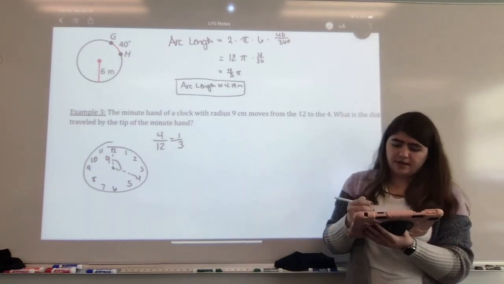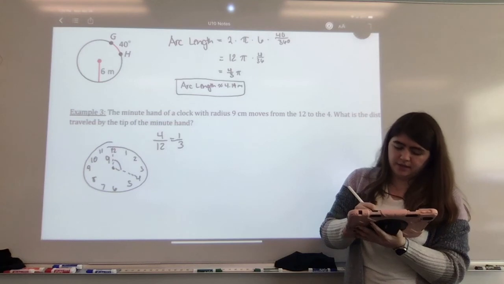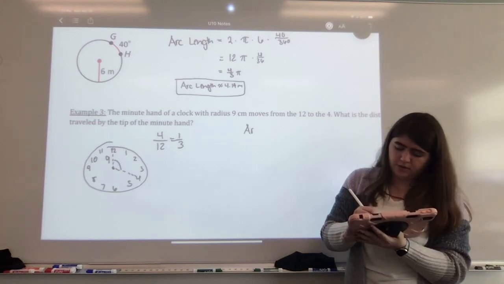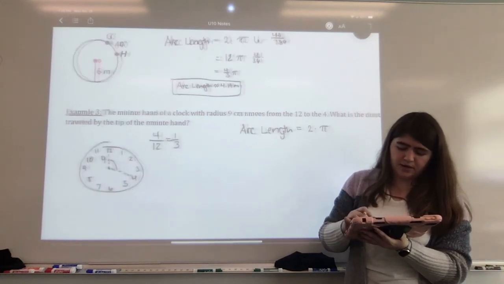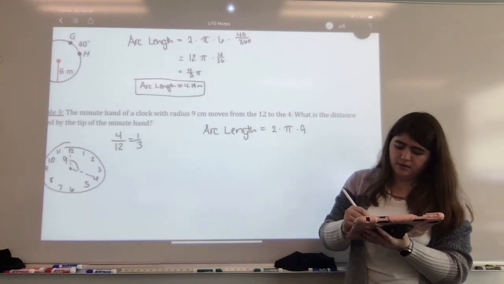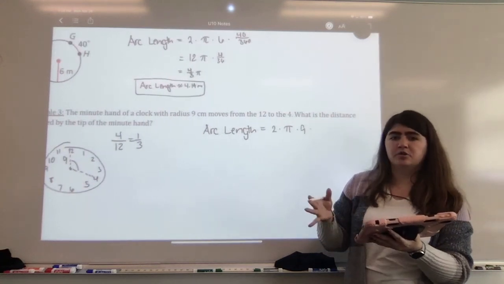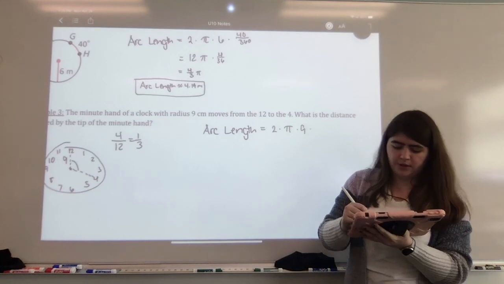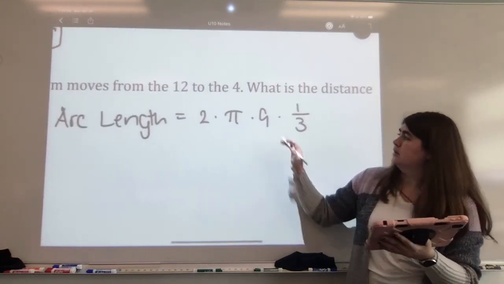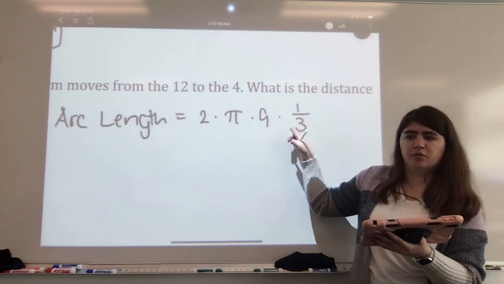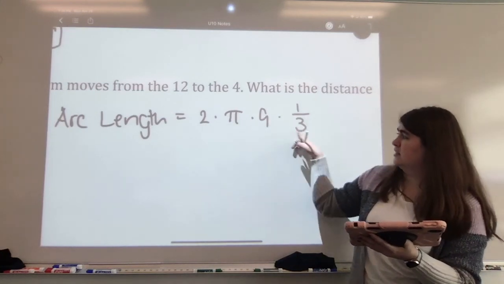So now I'm going to take that and I'm going to plug it into my arc length formula. So arc length is equal to 2 times pi times my radius, which it gave us is 9, times my fraction. This is where your degrees would normally go, but this time we have 1/3. 9 divided by 3 is 3, so I really have 3 right here.